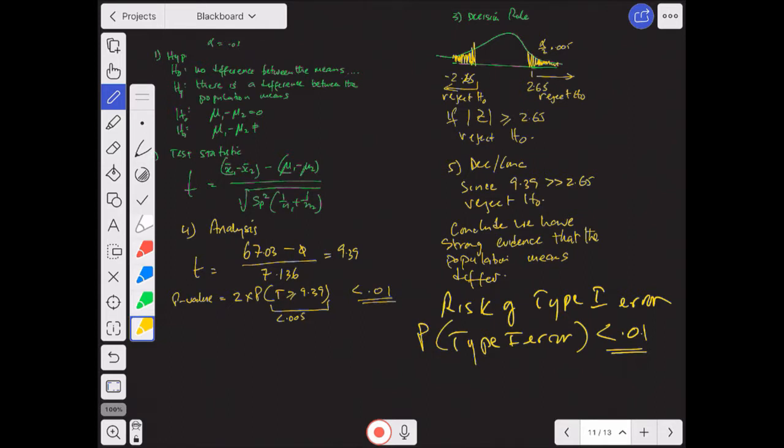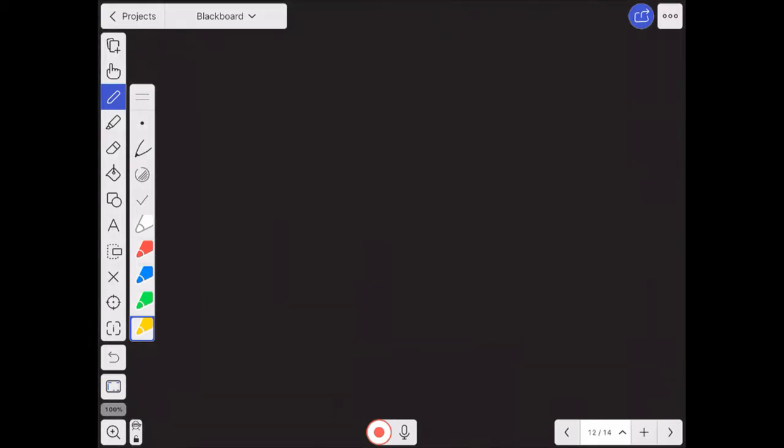Now, if you follow the textbook and you have a copy of it, you will notice that the textbook actually deals with it differently. But we're not going to use that approach because the calculation of the degrees of freedom is a bit messy. In the textbook approach, they don't assume those variances are the same.